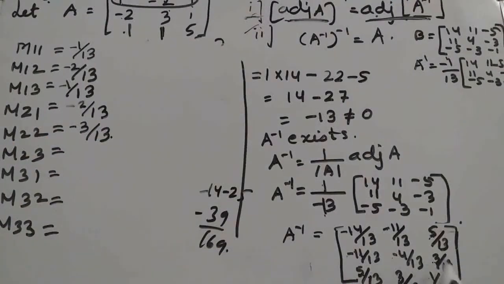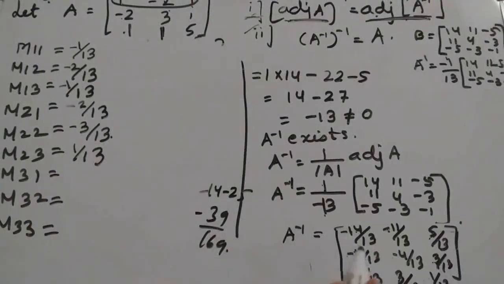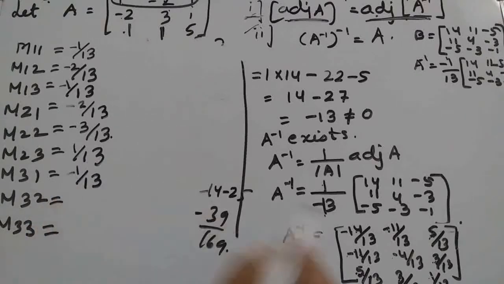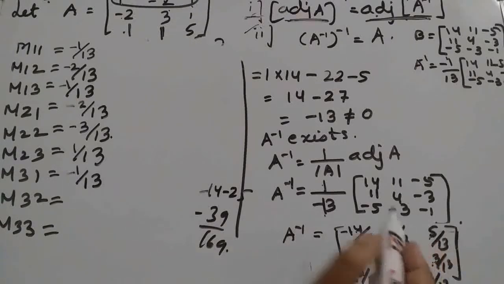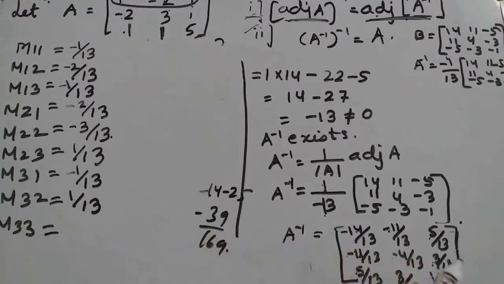Now second row, third column means minus 42 plus 55, that is 13 by 169, which gives 1 by 13. Then third row, first column means minus 33 plus 20, minus 13 by 169, that is minus 1 by 13. Then third row, second column will be minus 42 plus 55, that is 13 by 169, so 1 by 13 will come.